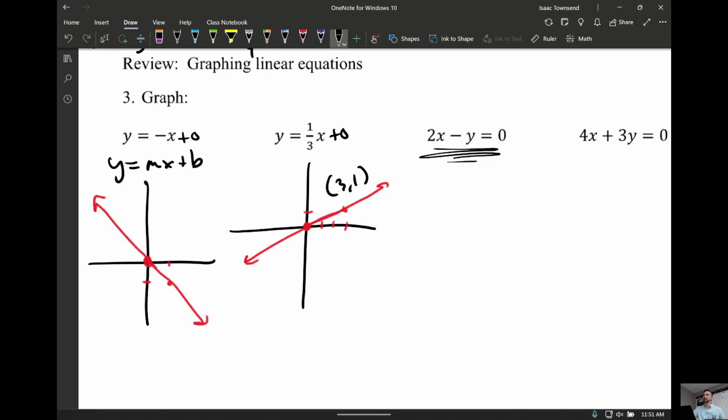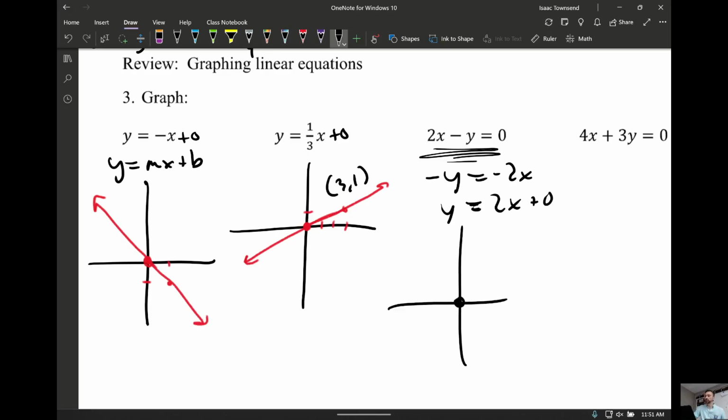Okay, well, how do I get it to mx plus b? So you just move the 2x to the other side, and then you multiply by -1. Okay, so solve for y equals, 2x, and then you've got it in mx plus b. And you should be able to see the y-intercept gives you 1 point. Use the slope, rise over run, to get a second point.